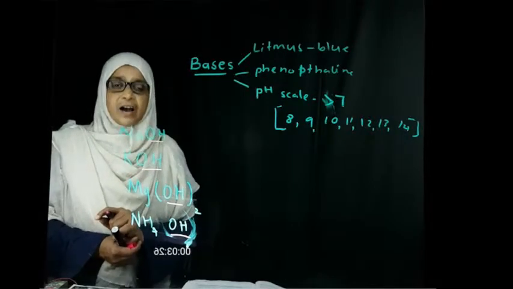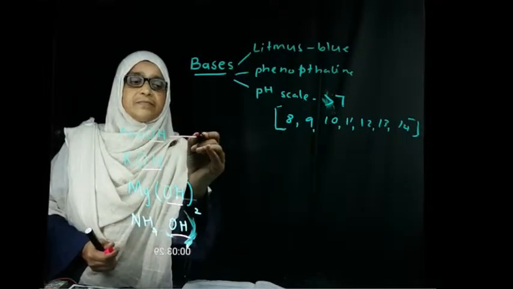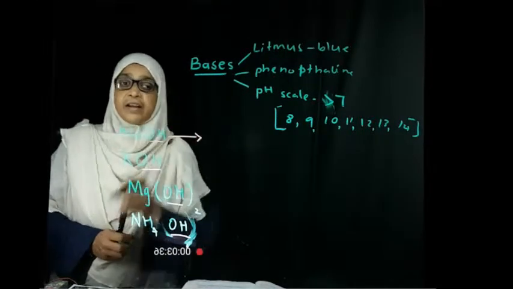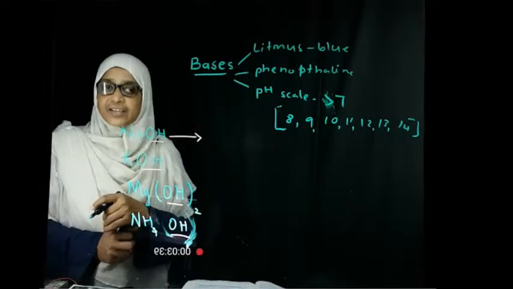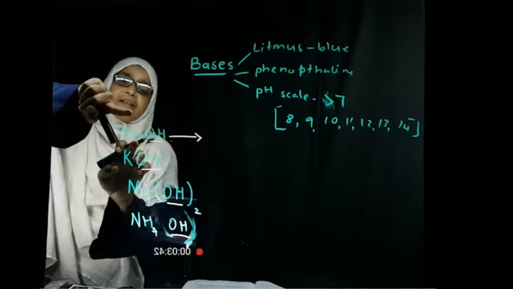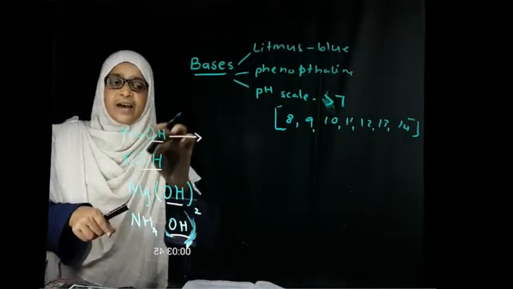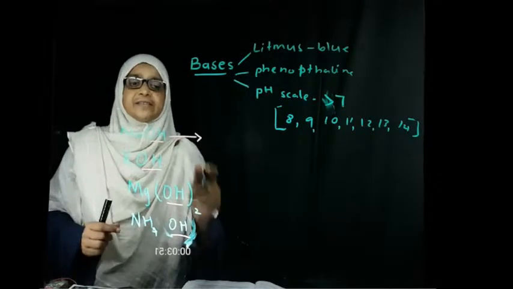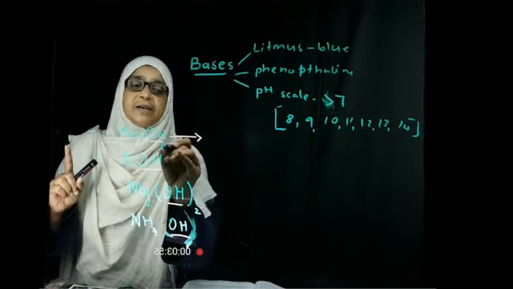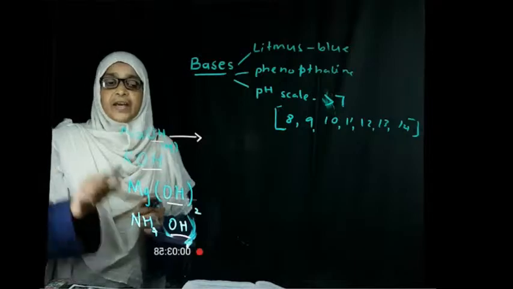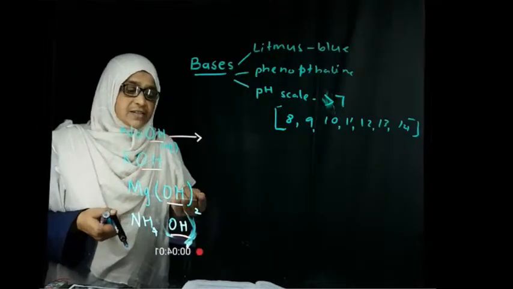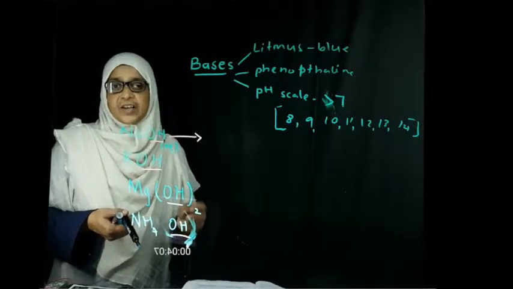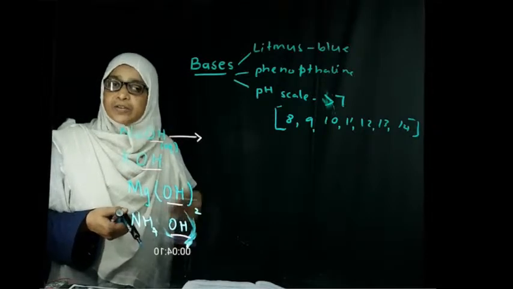Okay, let's see how this ionizes. You know, already you have learned this arrowhead is complete ionization, isn't it? So, here sodium cation and hydroxyl anion. This is an ionic compound. It should be in aqueous medium. Sodium hydroxide we can get as powder in the laboratory.